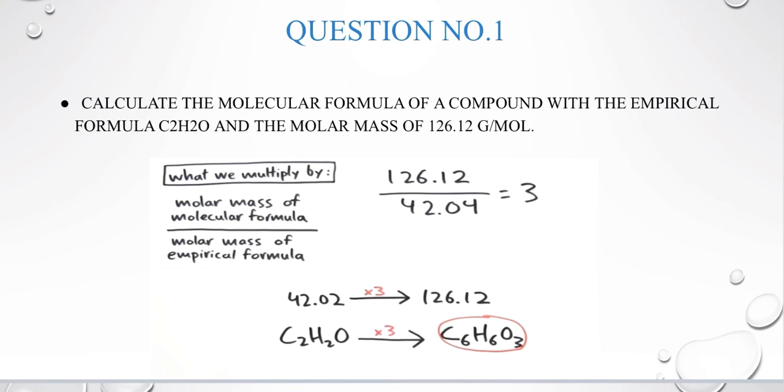And also H, it is 2, so after multiplying 3 by 2, we get also 6, the same as carbon. So C6H6 until now. And also O, which is 1 when it is not written, so after multiplying 3 by 1, we get O3. So the final answer, or the actual formula, the molecular formula, is going to be C6H6O3.